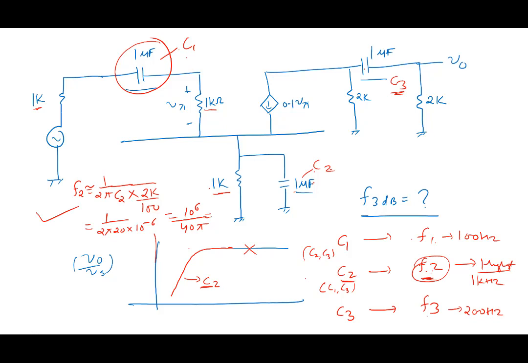So now you know how to calculate the frequency if you have multiple capacitors and one of them is dominant. Then it's easy to calculate the 3 dB cutoff frequency here. Okay. Let me ask this question now. Suppose we take a signal like this.